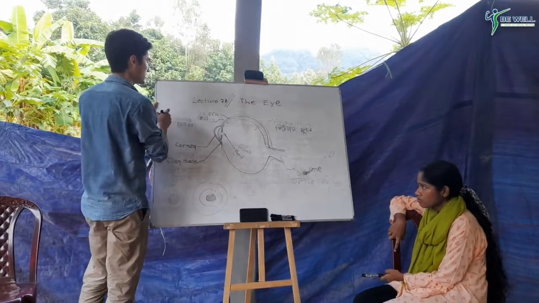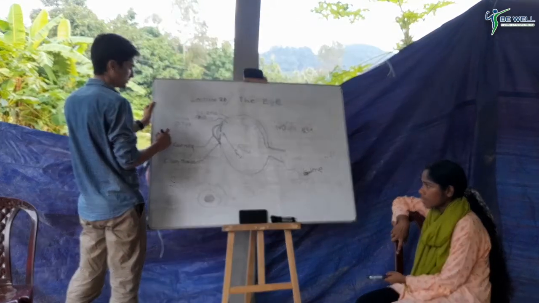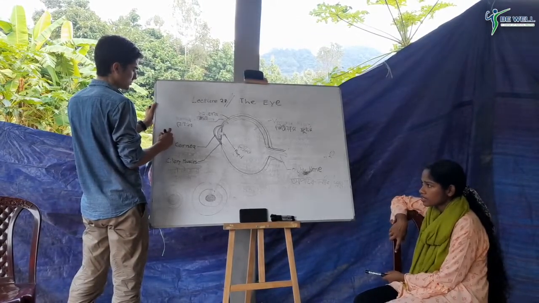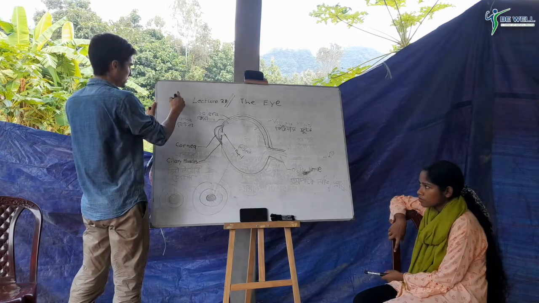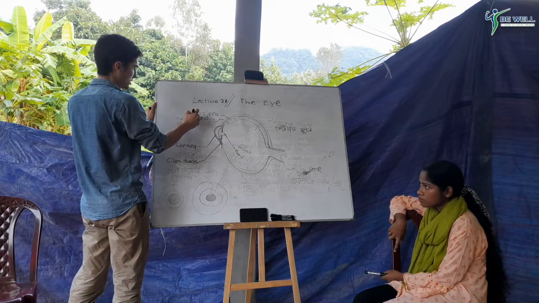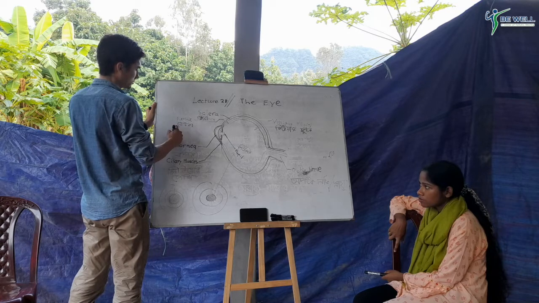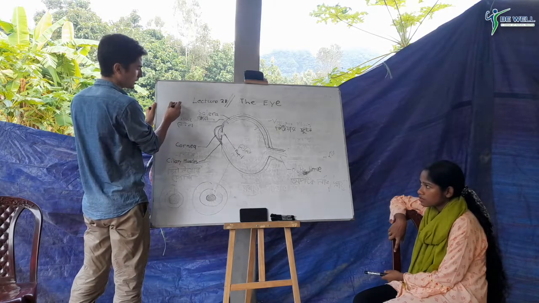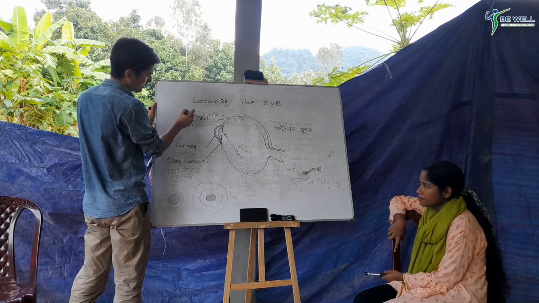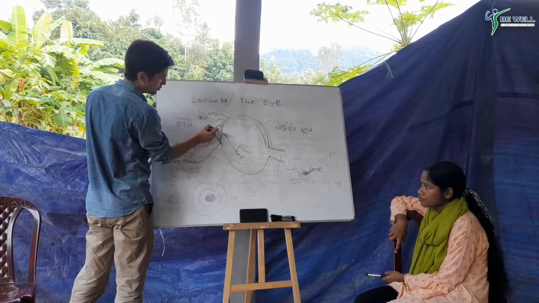Let's say that I'm seeing a tree. I'm seeing this tree here. Just like that. And now, that tree has to enter in through my eye.